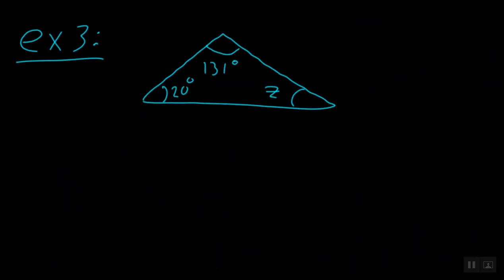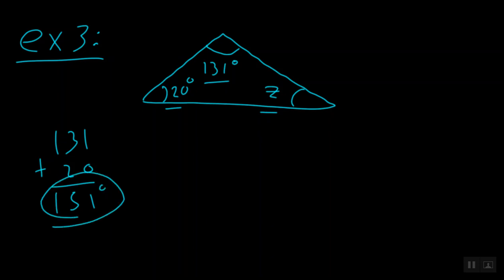Okay, here we have example 3, and I made sure to draw the triangle correctly this time. And so, of course, we have 131, we have 20, and we have z. And we want to find out how many degrees is that missing angle z. Well, of course, I can do 131 plus 20. I add up my two angles that I know. And, of course, 1 plus 0 is 1, 3 plus 2 is 5, and I draw my 1.